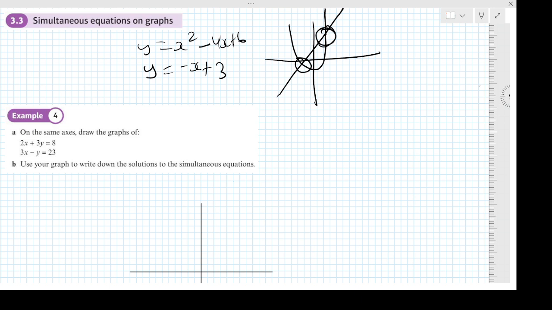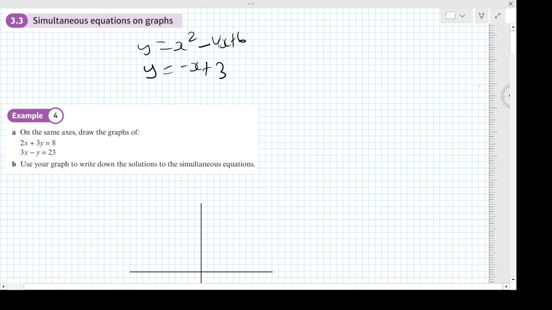So all in all, when the two equations intersect on the graph, that is also the solution to the simultaneous equations.